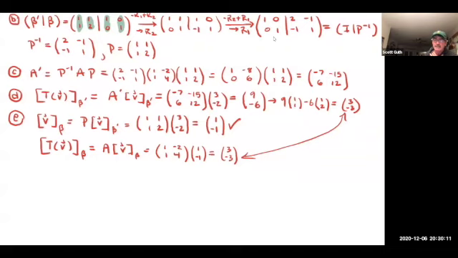Now, I wanted to express this in terms of the standard basis. So this is relative to S. Just for you to see, this comes out to be 3, -3.